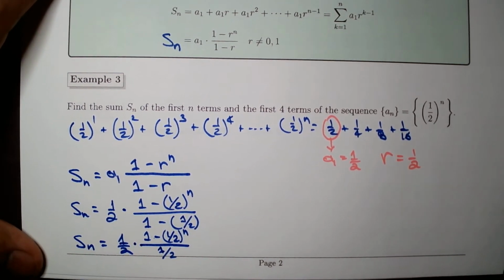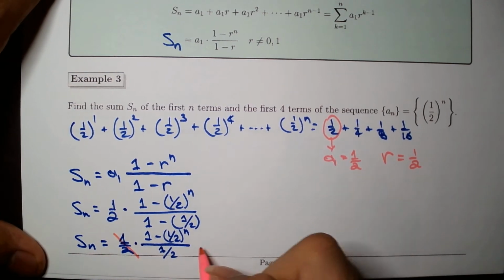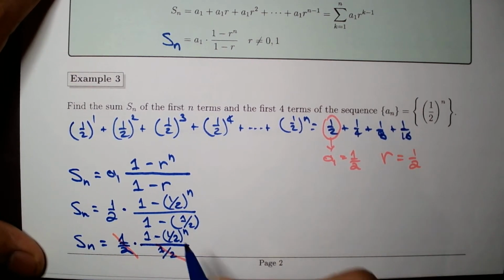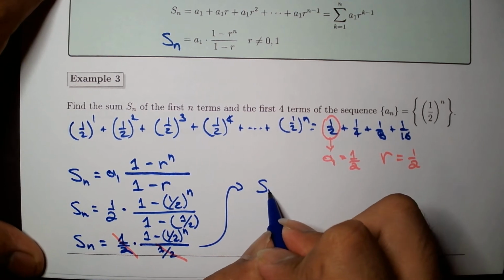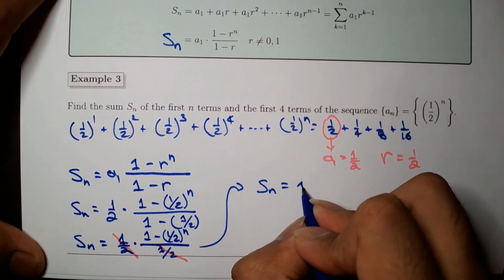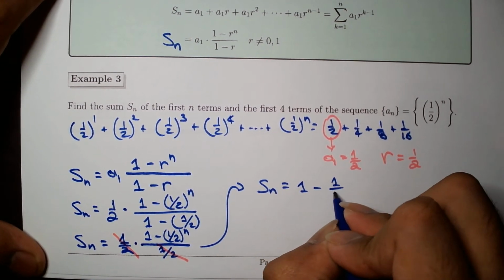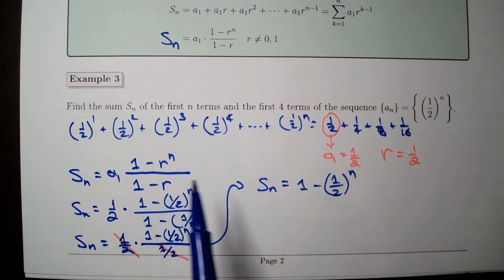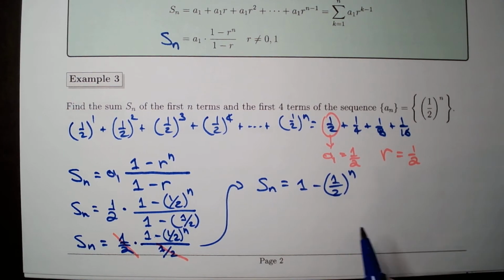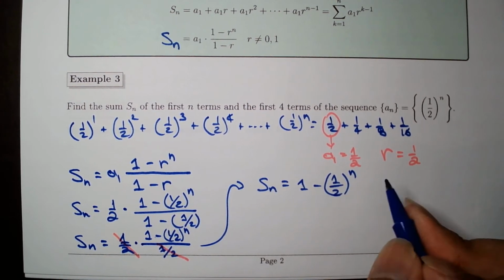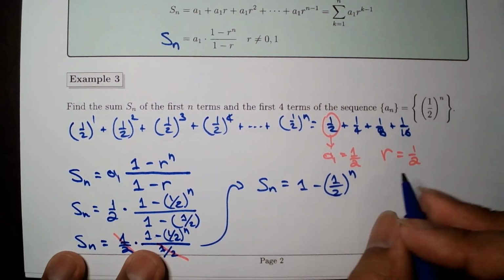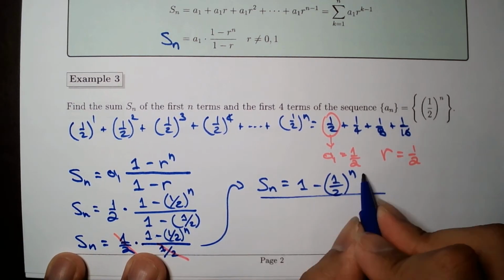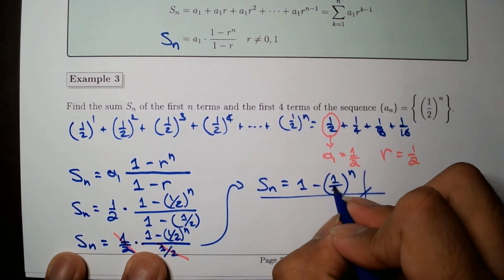This is going to look a little bit ugly if you think so. Well, cancel, cancel. And S sub n equals simply 1 minus 1/2 to the n. In particular, what we're doing in order to add the next terms is just to subtract powers of 1/2 from the unit.